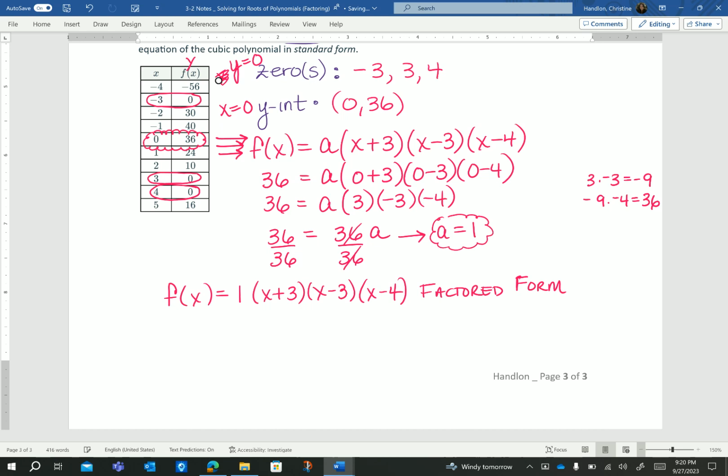So that means I've got to multiply. So let's multiply. X plus 3 times x minus 3. Well, that's difference of squares, but if you didn't realize it, you can just multiply. X squared, -3x, positive 3x, minus 9, and -3x plus 3x makes 0.